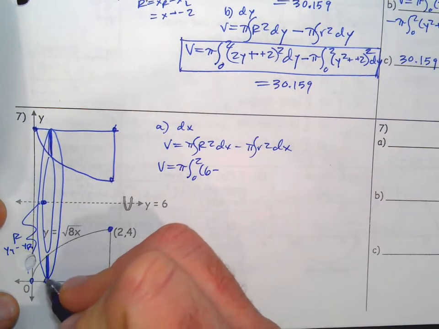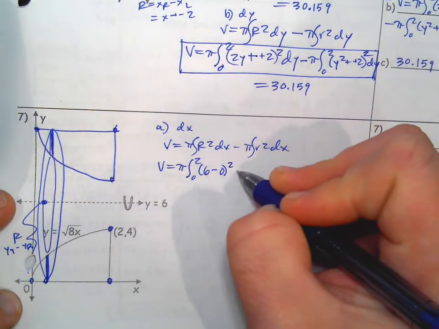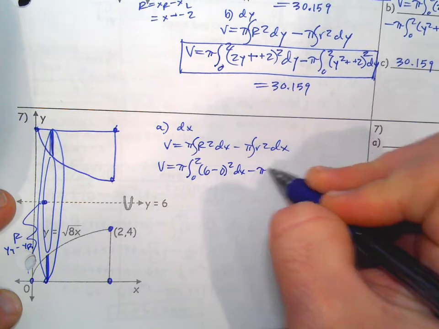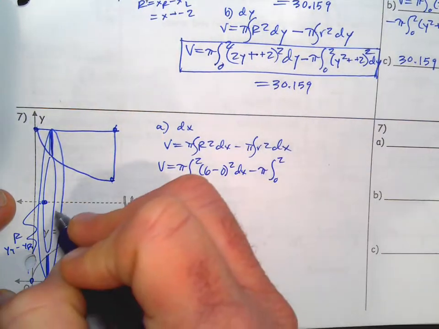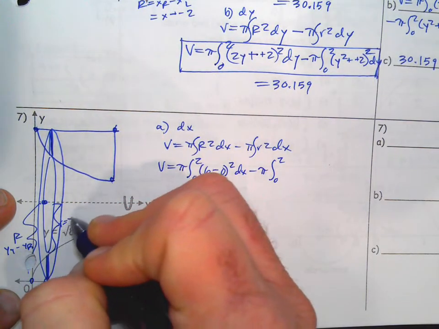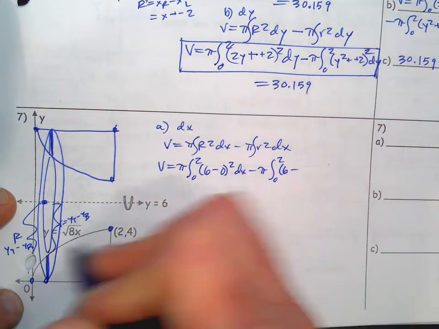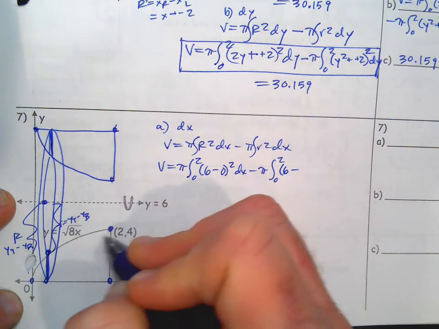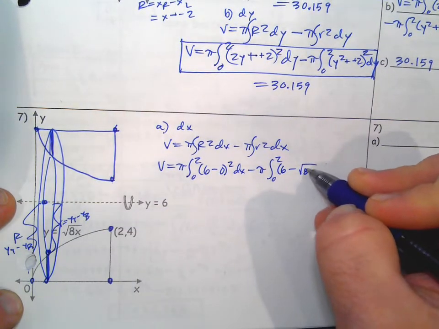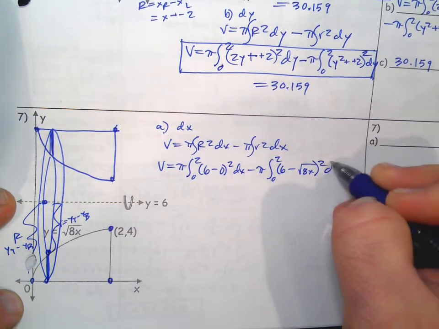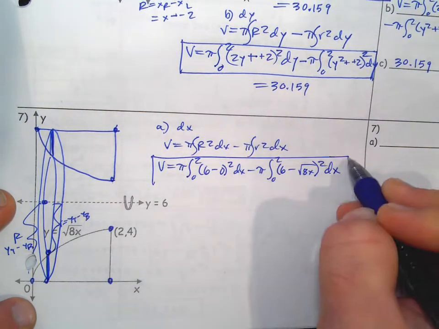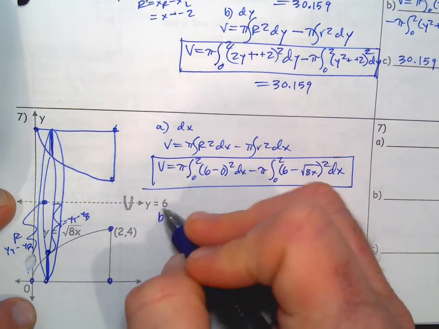Y bottom is 0. And then the little radius is also going to be y top minus y bottom, and y top is going to be 6, and y bottom is going to be the y coordinate on this curve, in terms of x, the square root of 8x squared. So that's the setup for A.